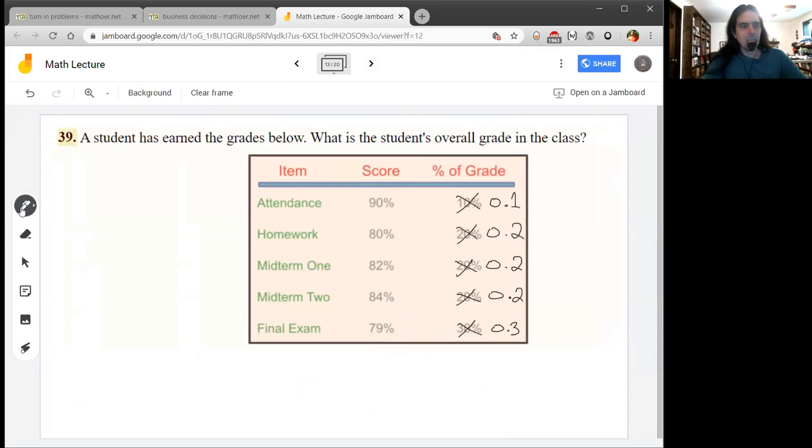But the same game happens. 90 times 0.1 is 9. 80 times 0.2 would be 16. 82 times 0.2 would be 16.4.